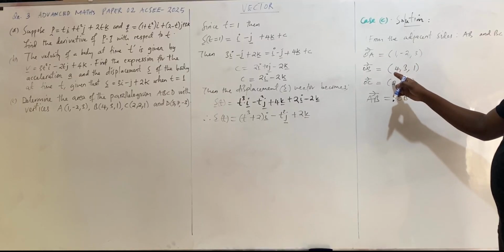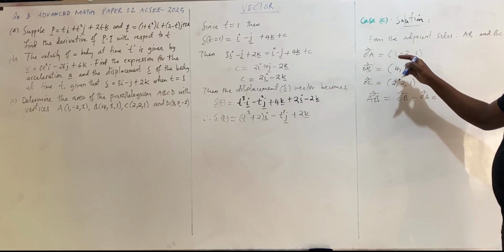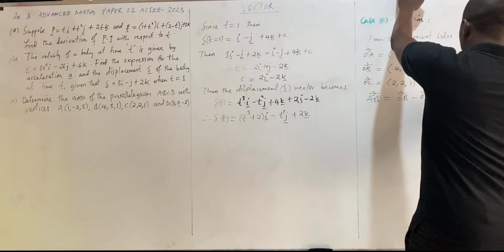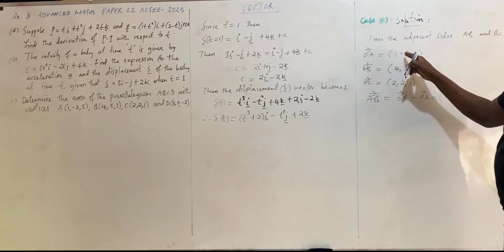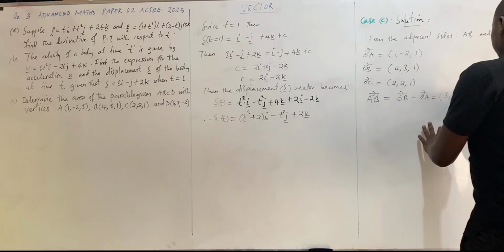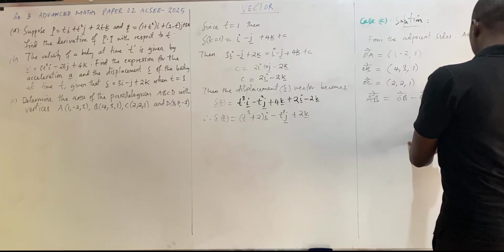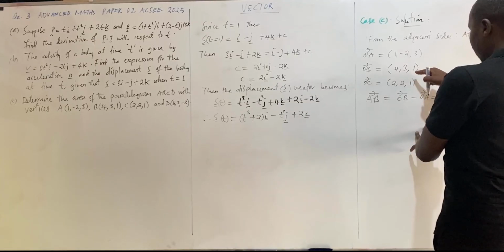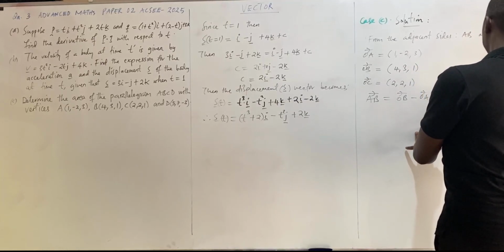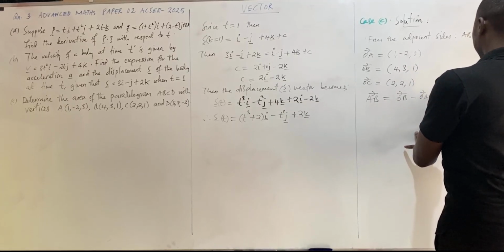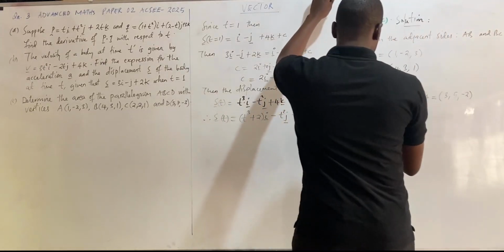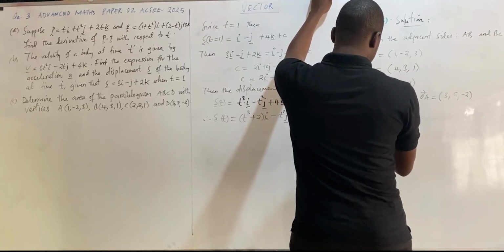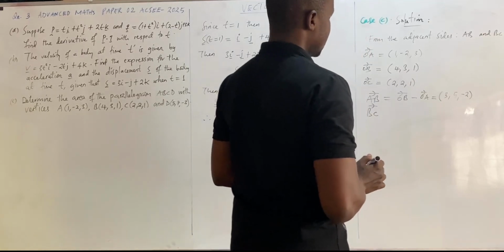So 4 minus 1 here, we get 3, 3 minus -2 becomes positive 5, and 1 minus 3 becomes -2. So from there now we have vector AB. Again, we find the displacement vector BC.